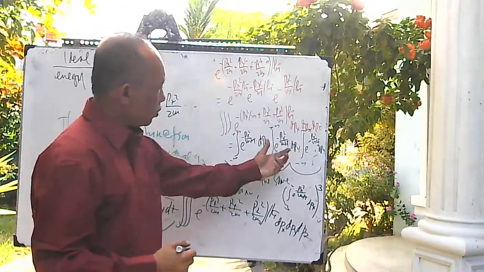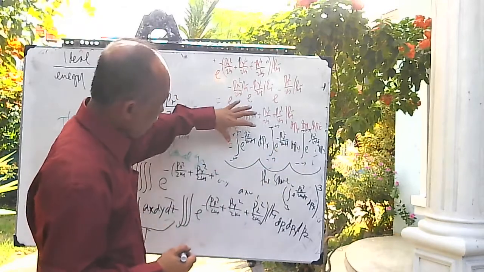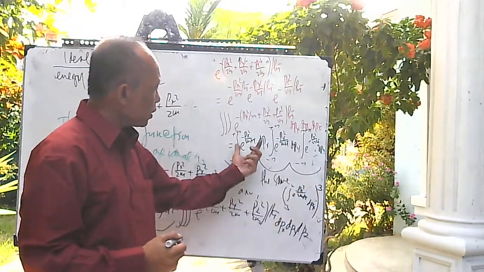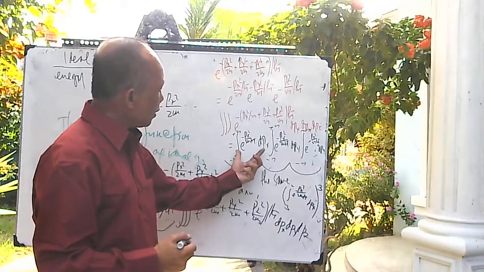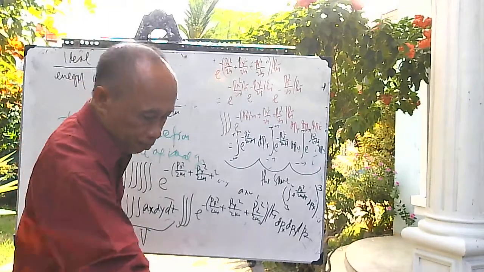So we don't need to calculate all three integrals, we only calculate one, and giving power 3 to it will result in the total integral.